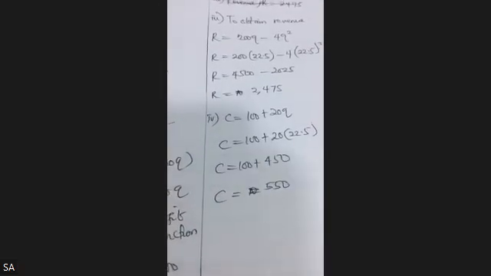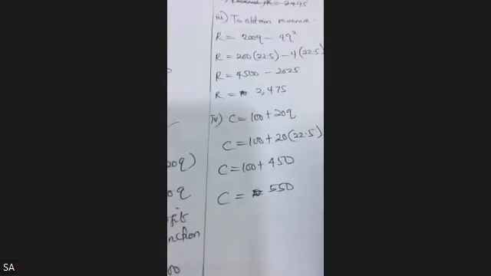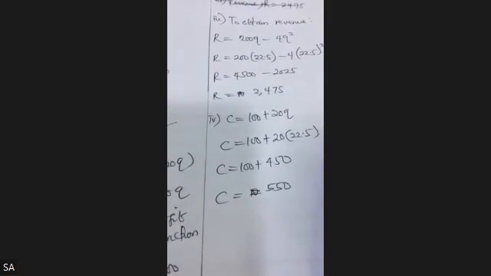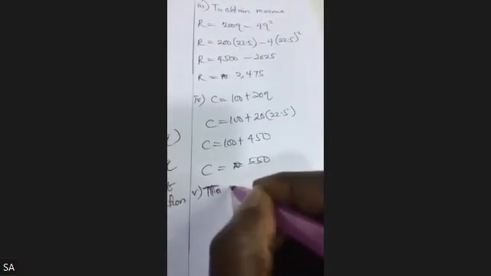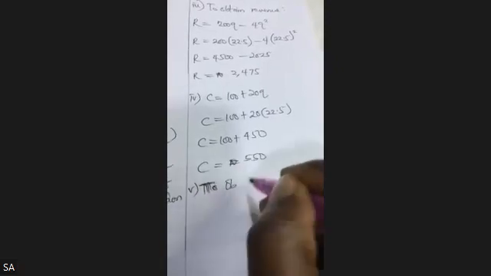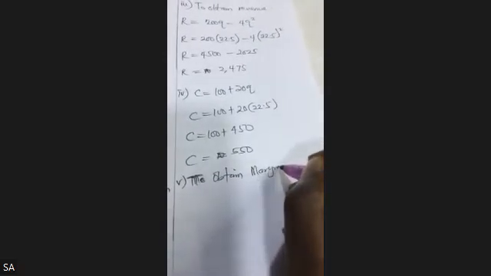The next question says marginal revenue, marginal cost and price. So let's do marginal revenue. To obtain marginal revenue, what is the difference between this marginal revenue and the one you got before?